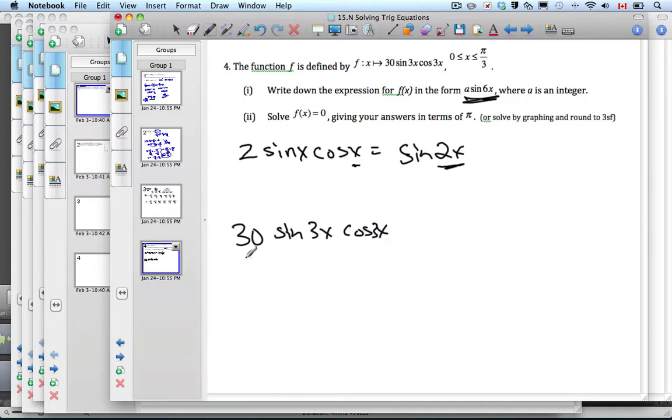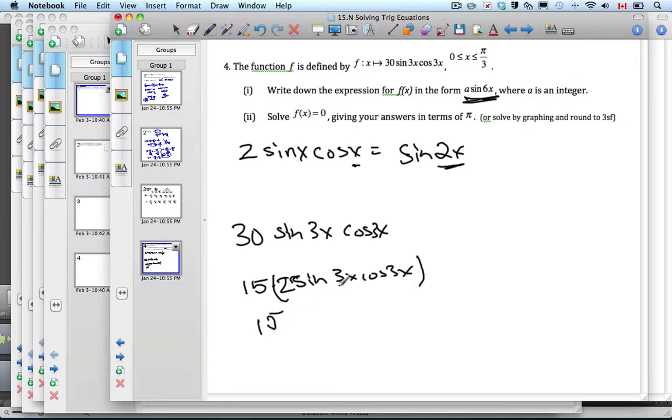And if it's a 2 to 1 ratio, then we can say it's the same thing as 30. Be careful, there's a 2 though. That's okay. We need to have a 2 here, so we can say that is 15 times 2 sine 3x cos 3x.